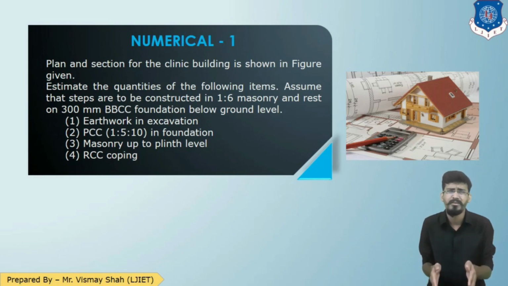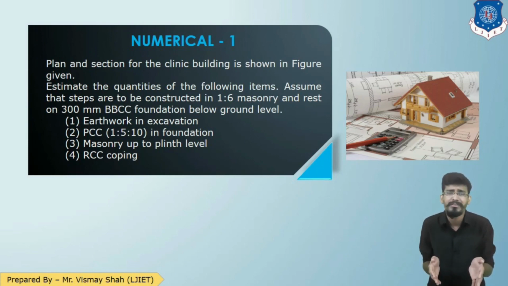So starting with the first quantity, which is earthwork in excavation, all we need to do is to multiply length, width, height and number. But we are calculating this sum by the center line method. So the first step of the center line method, in any numerical, is to find out the total center line length.